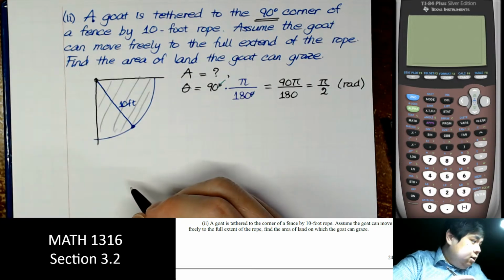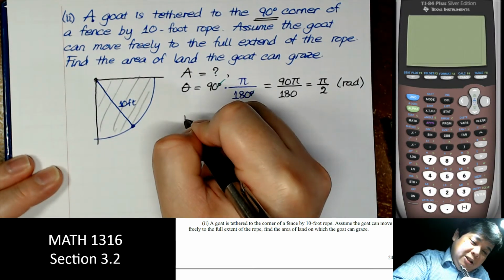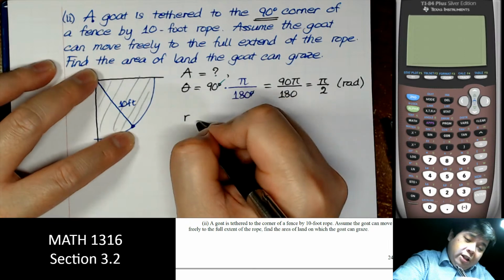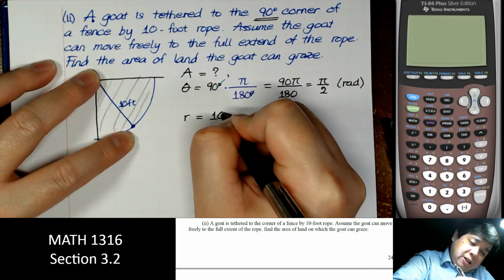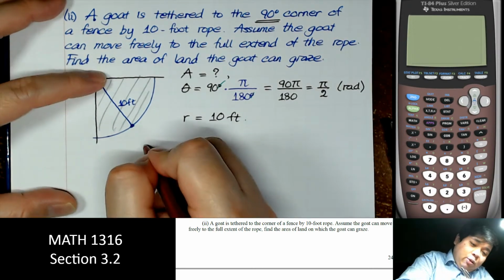Next, the radius is the length of the rope, 10 feet. Right, and the question asks for the area.